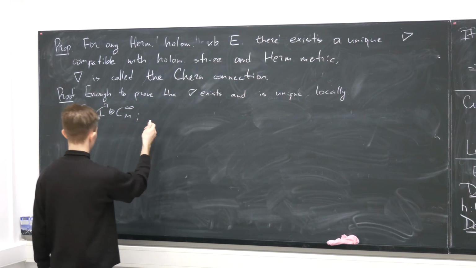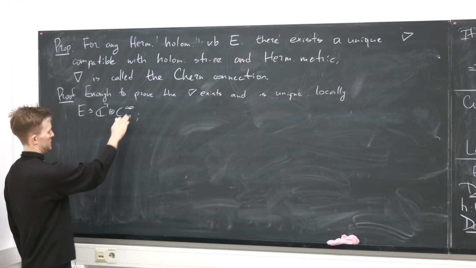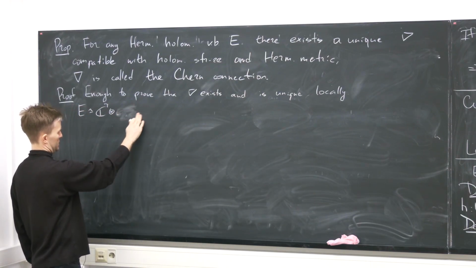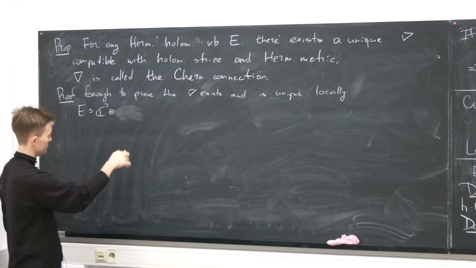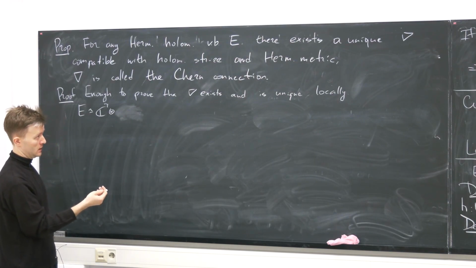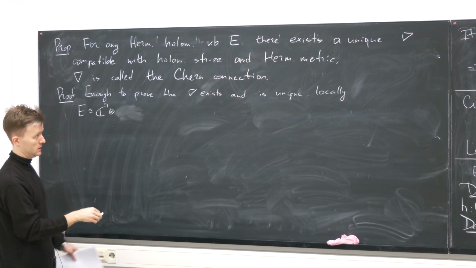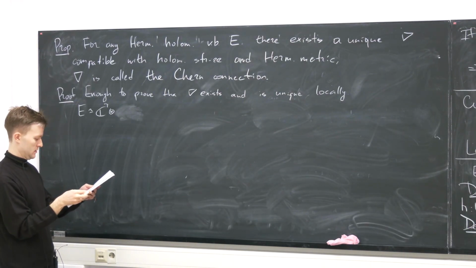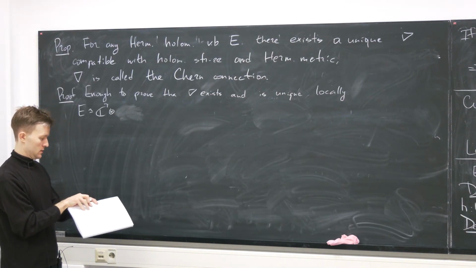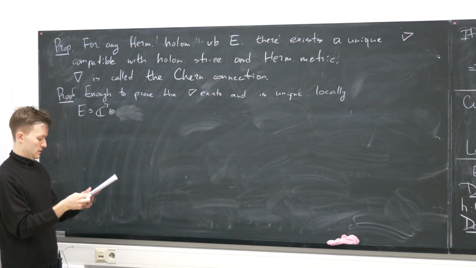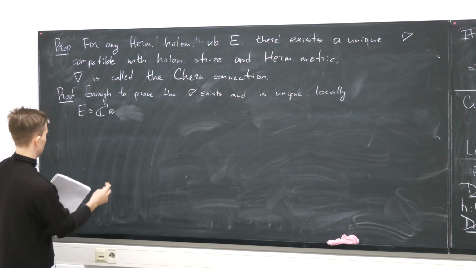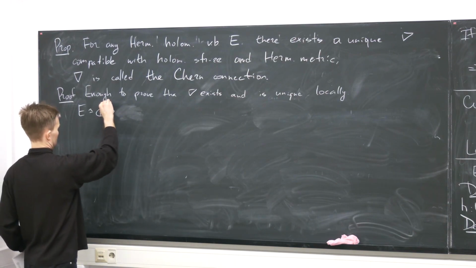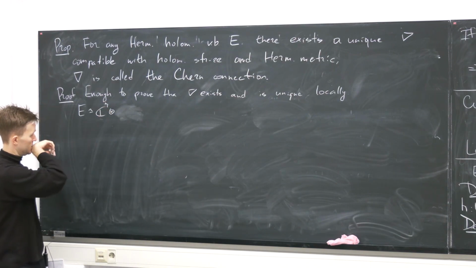Since E is holomorphic, we may trivialize it in such a way that the corresponding constant sections are holomorphic.